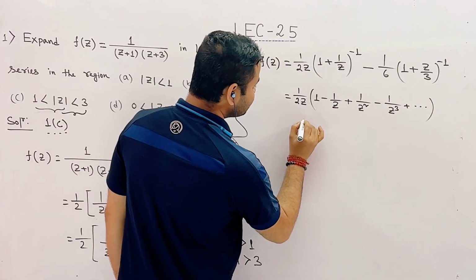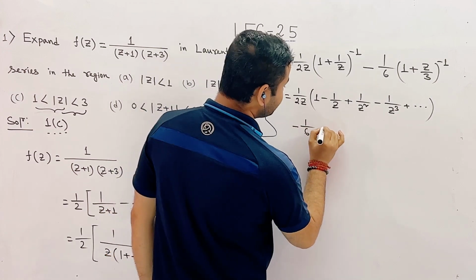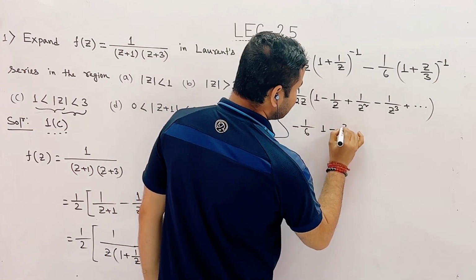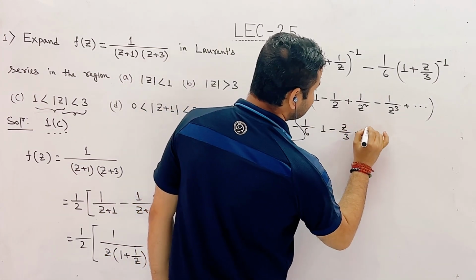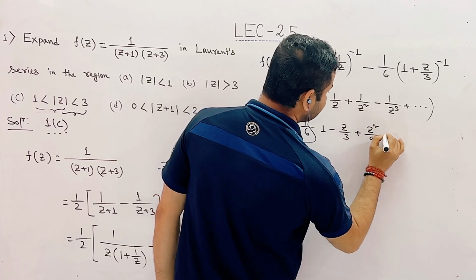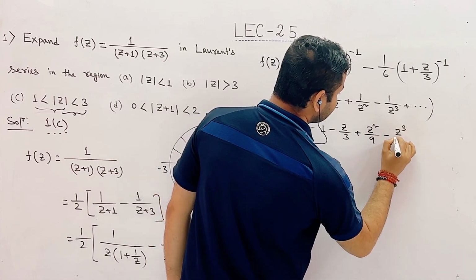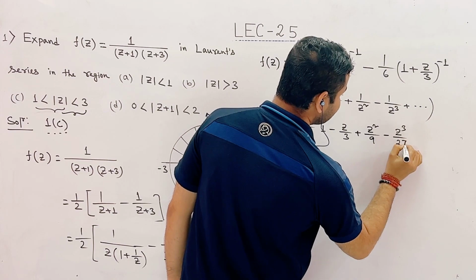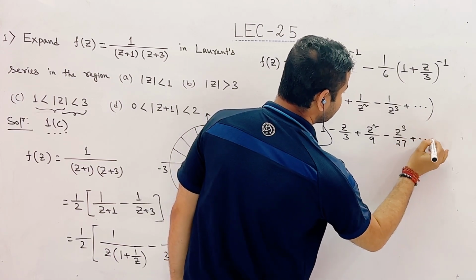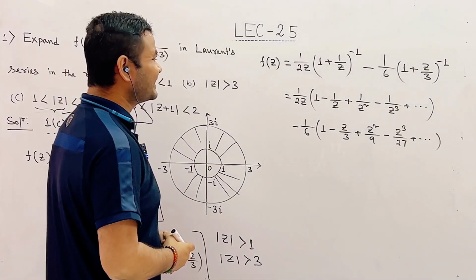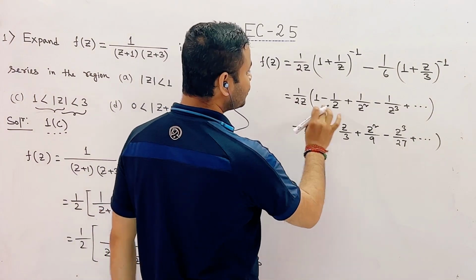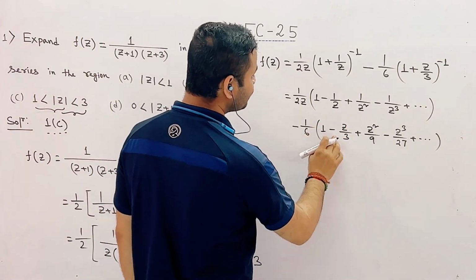Next, minus 1 by 6 into 1 minus z by 3 plus z square divided by 9 minus z cube divided by 27 plus dot dot dot. Next, let us multiply this term with this term and this term with this term.